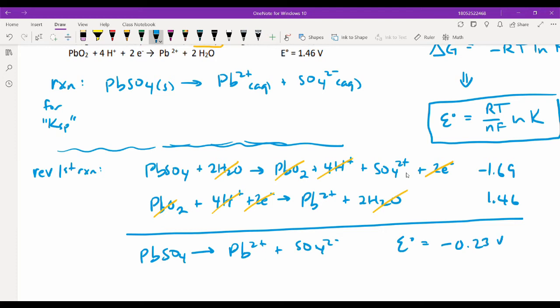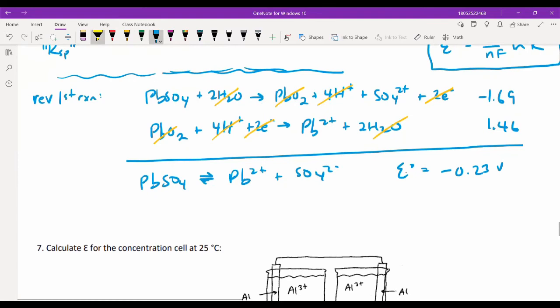Which is not a spontaneous reaction, which makes sense because this is what we call an insoluble salt, which is the case when we're doing KSP. These are always weak electrolytes. So a more accurate arrow would be an equilibrium arrow, because this is not a completion reaction but an equilibrium situation. And so then we can go backwards to find K.